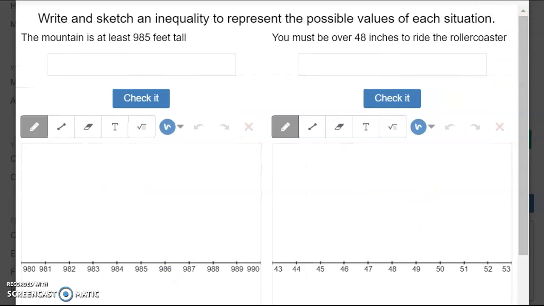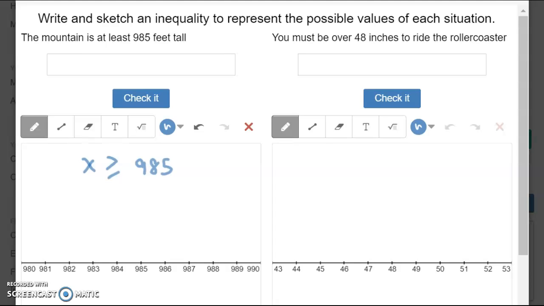Next, write and sketch the inequality. Same thing. A mountain is at least 985 feet tall. So the mountain is something to do with 985. When it says at least, it means it can be that number, or it has to be more than that number. So x is either equal to, or it is more than, or greater than.